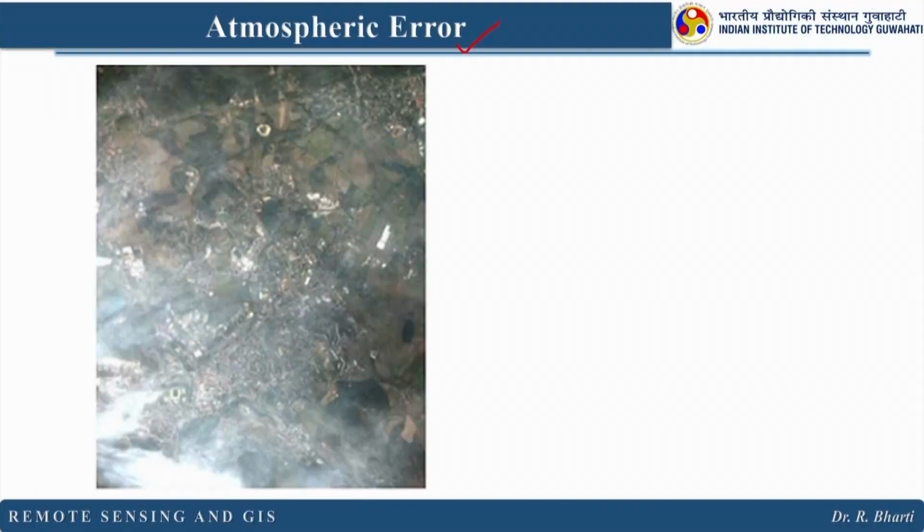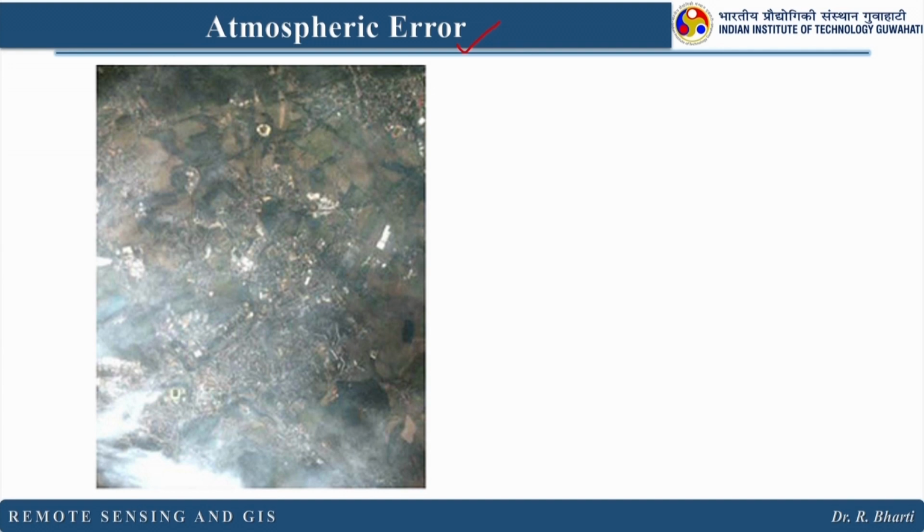And then the next one is atmospheric error. How is the atmosphere giving error in our remote sensing and how does it get removed? You can see one image here, it is having some haze, right. This haze we have to remove in order to use this image.